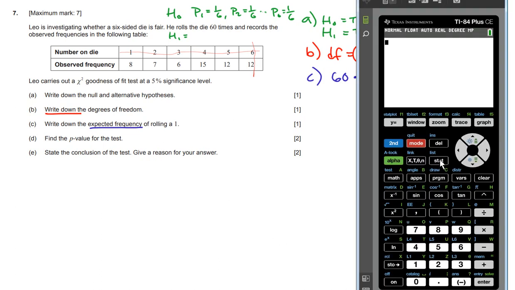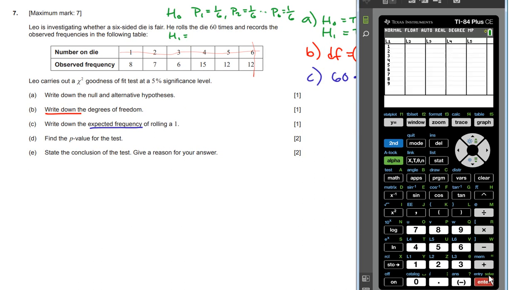If you'll remember, the only time we ever need to use the matrix is if it's the plain old chi-squared test for independence, not goodness of fit. So since this is chi-squared goodness of fit, we're going to go into our stat and edit.